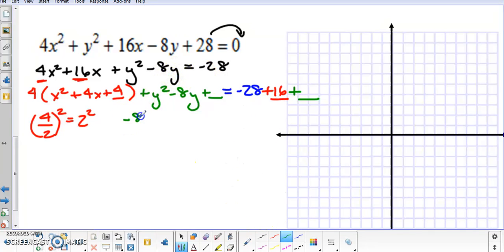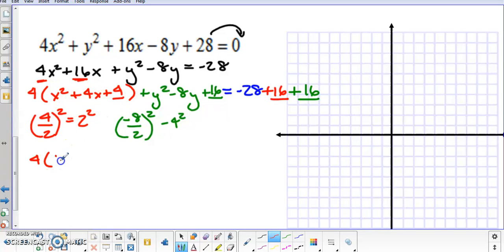Here, I've got -8 divided by 2 squared. So that gets me -4 squared, which also gets me 16. But this one I don't have anything to multiply it by, unless you want to multiply it by 1, that's fine. So over here I've got a 16. So here I've got 4 on the outside.